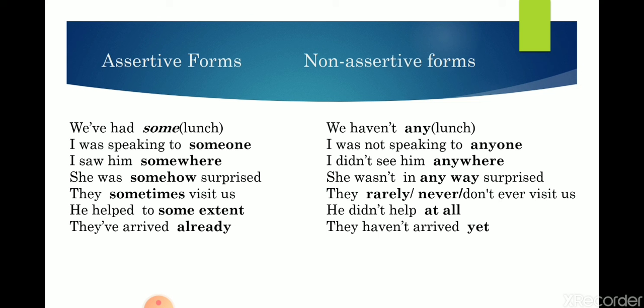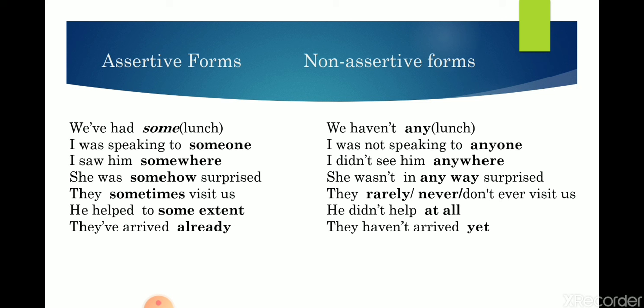While the word any, in this example, we haven't any lunch. So here the word any is used with a negative form. It is a non-assertive form. So it is wrong to say we have had any lunch. This is wrong. And also it is wrong to say we haven't some lunch. Also it is wrong.